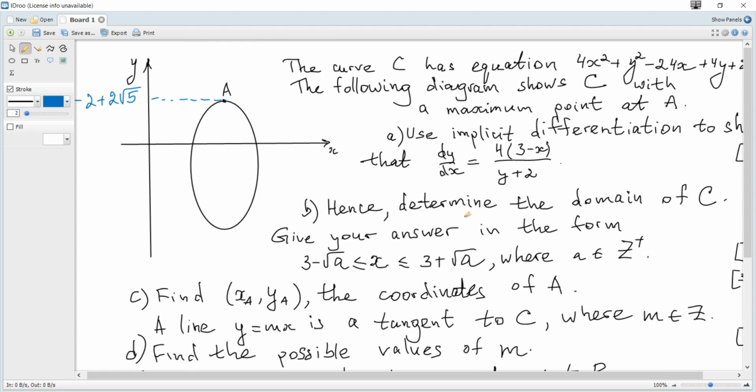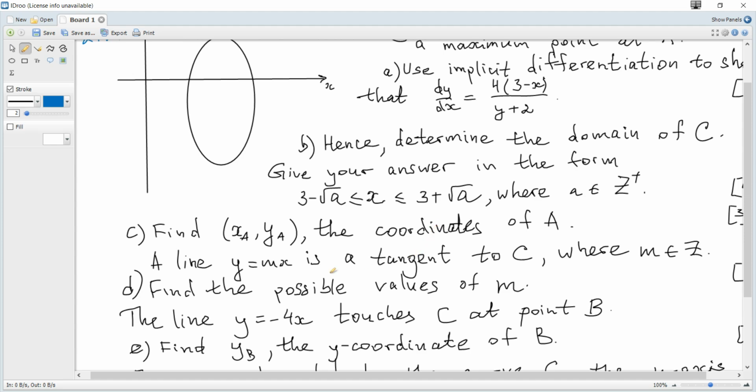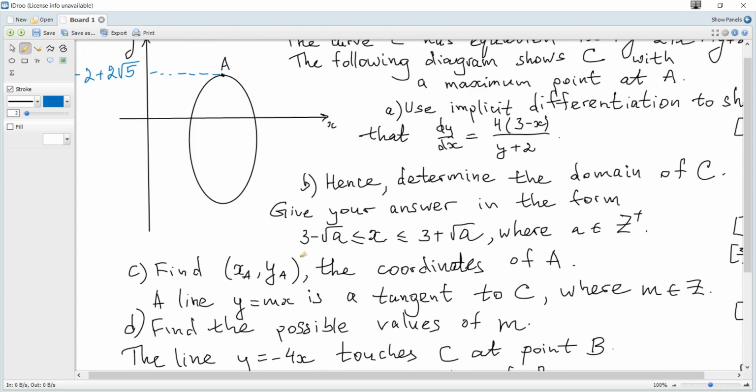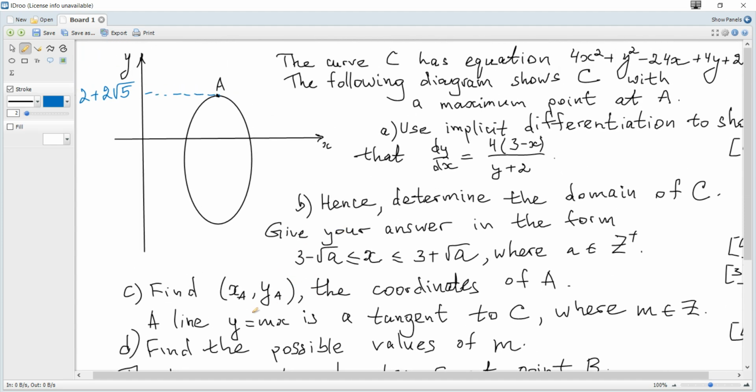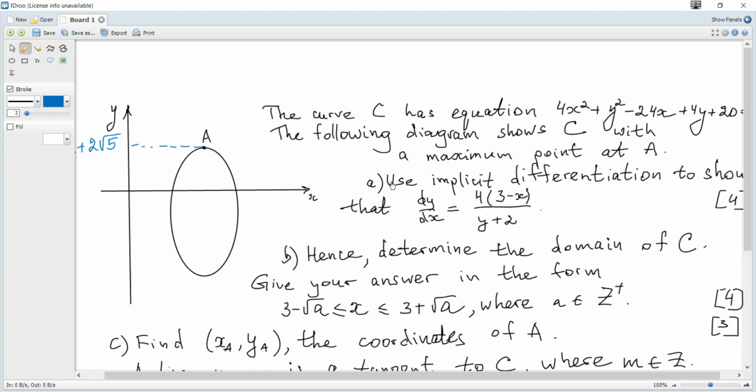It will be required. The next part: a line y equals mx is a tangent to C where m is an integer. Find the possible values of m. Points of intersection arise from simultaneous equations, and y is mx, so we can just substitute mx for y in the given equation.